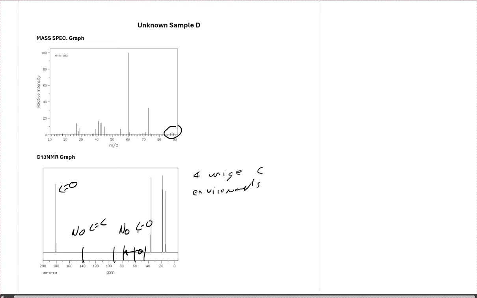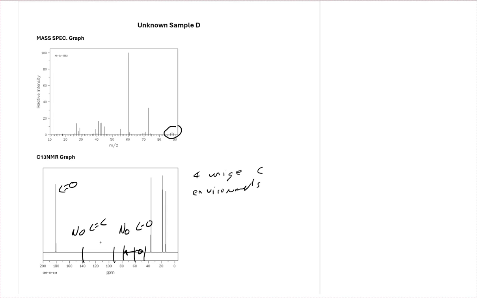That doesn't mean there's not a bond of this carbon on the left to an oxygen as well. So we could have a carboxylic acid, but it can't be an ester, because we haven't got 2 separate oxygen bonds here.